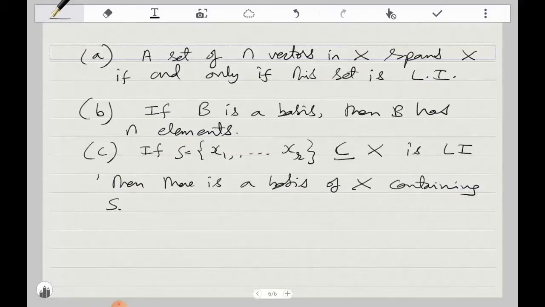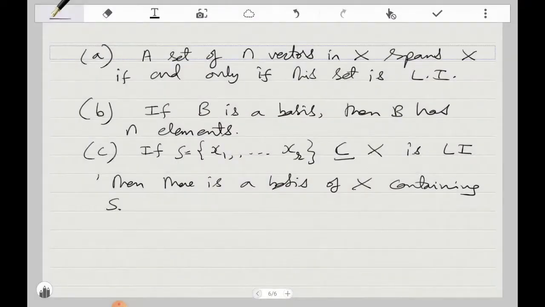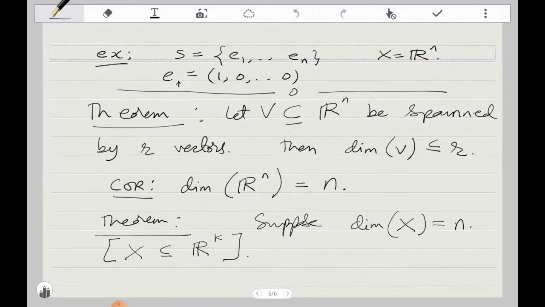Again, once we have the previous theorem, all of these things will follow quite easily. In fact, the previous theorem, that if V is spanned by R vectors then the dimension is less than or equal to R, involves the replacement argument.